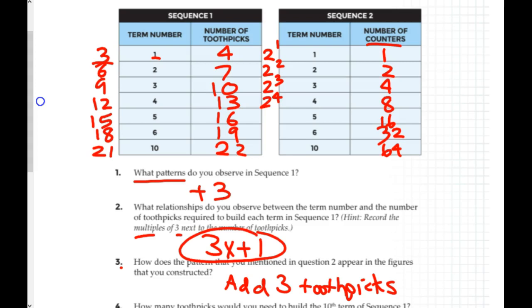Just 2. 2 squared is 2 times 2, 4. 2 to the 3rd power, what do you think, McManus? 2 times 2 times 2. 2 times 2 times 2. 4 times 2.